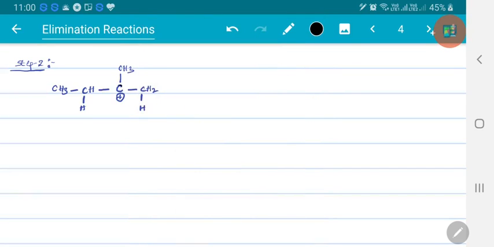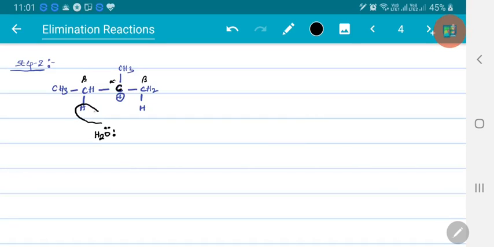This is the carbon which is called alpha. Now this becomes beta, this is also beta. There are two beta hydrogens. The solvent which acts as a base, maybe CH3OH or H2O, whatever it is, tries to abstract hydrogen.